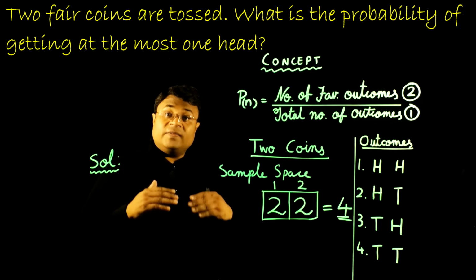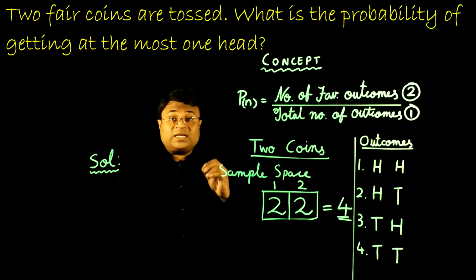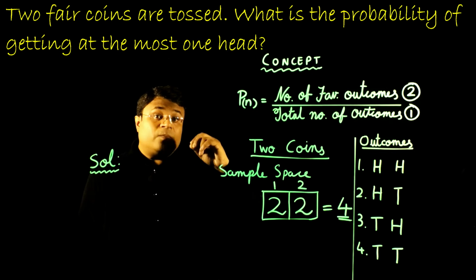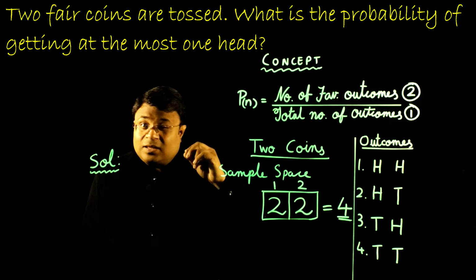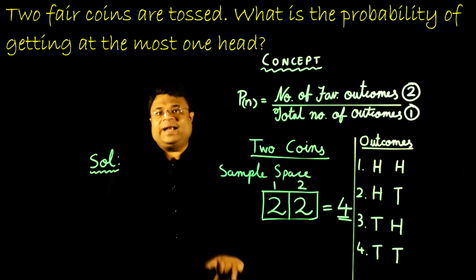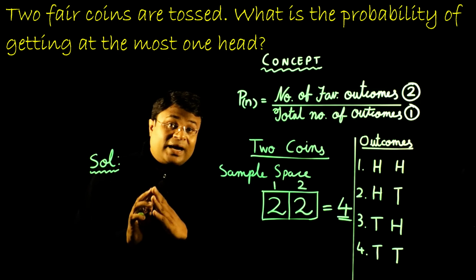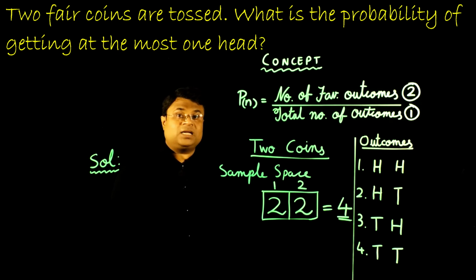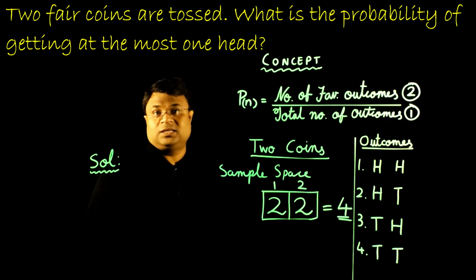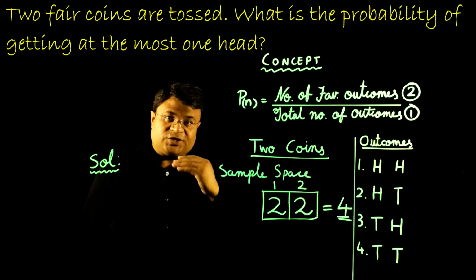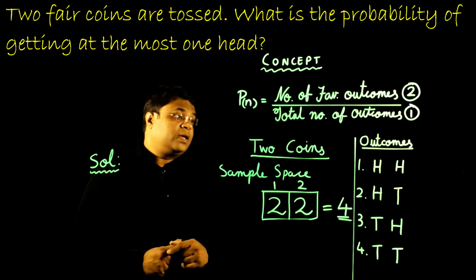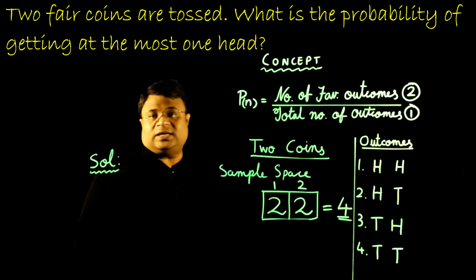Now, the condition of this question says, what is the possibility of getting at the most one head? Now, the word at the most means that you don't want more heads. That is why you are putting a restriction. So, here we got 2 heads.